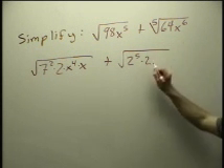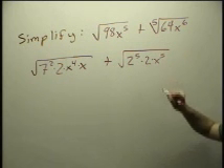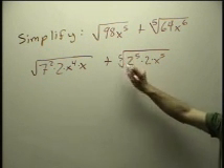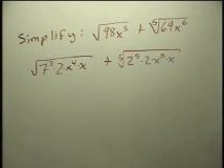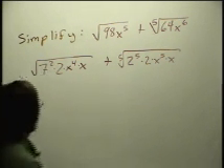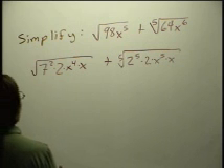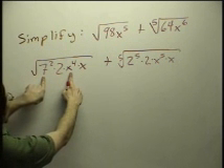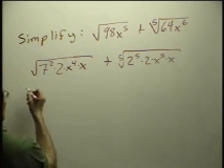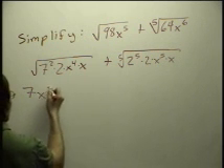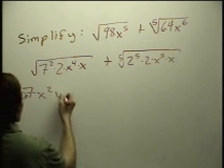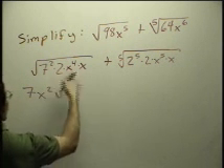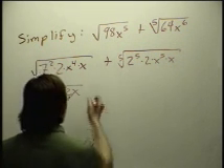X to the 6th, we can take out that x to the 5th, I almost forgot my 5th root, times an x. So here when we take the square root, those with exponents that are even are going to come out. Notice the exponents divide by 2, the index.